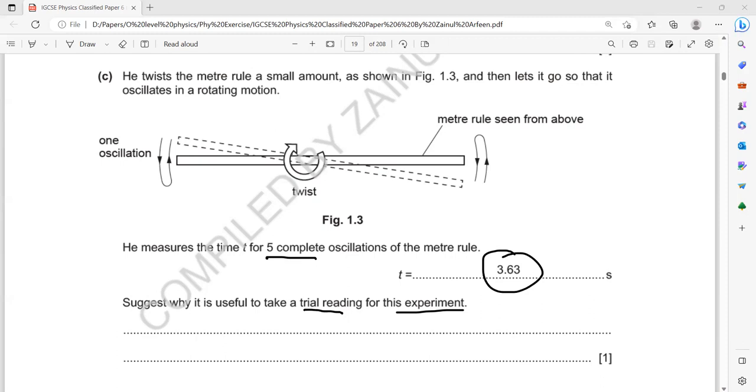So what is the advantage of having a trial reading? We can identify the range, because trial readings are mainly to identify the range. Using a trial reading, we will have a rough idea of what the time period will be.